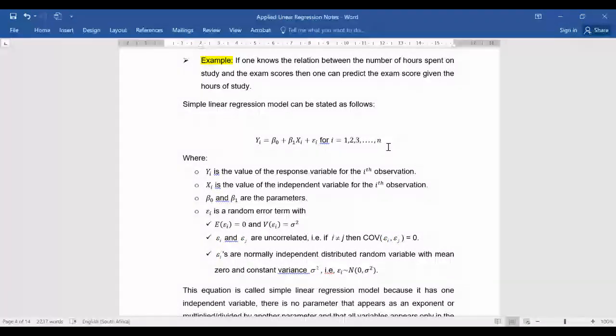So xi is the value of the independent variable for the ith observation. So x1 will be the hours spent by Chabalala preparing for that particular exam, and x2 will be the hours spent by Humu preparing for the exam, and so forth. So beta 0 and beta 1 are the parameters of the model.